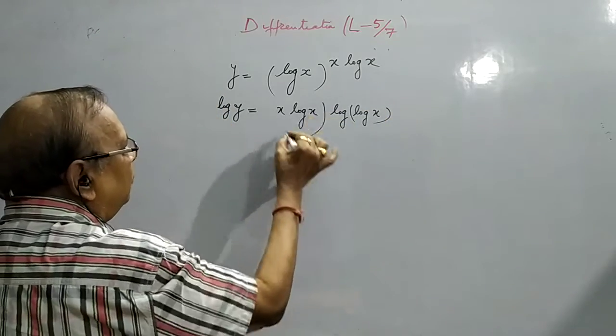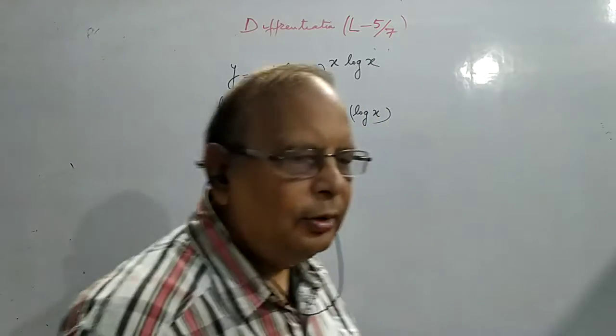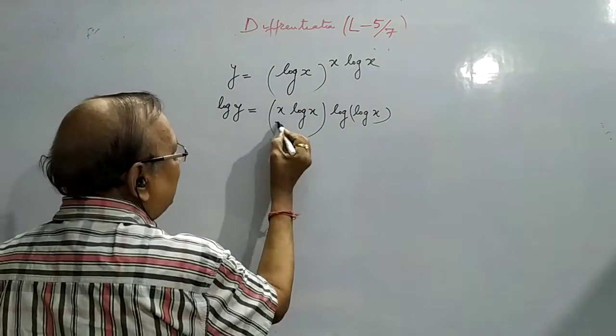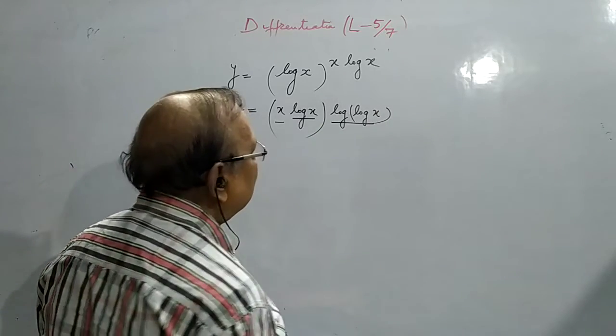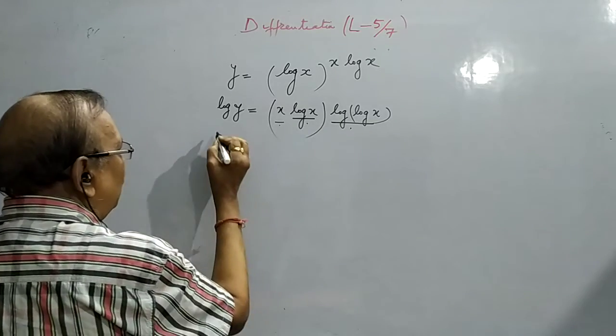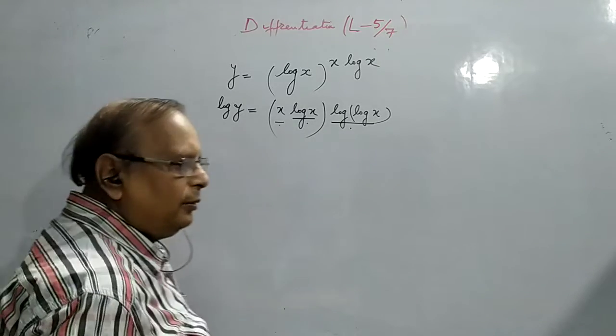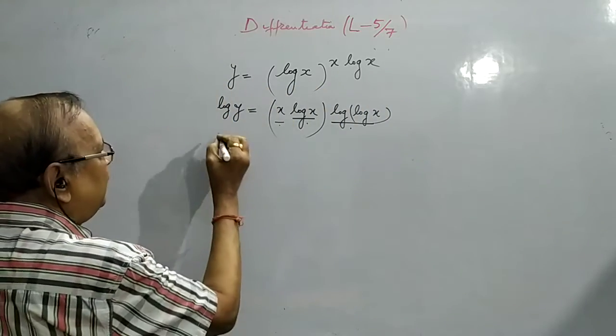Now again we may go through the product rule. Now that is differentiation of a product of three functions, first, second and third. So by differentiating both sides, what we get?